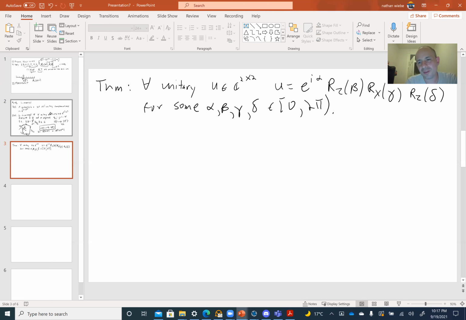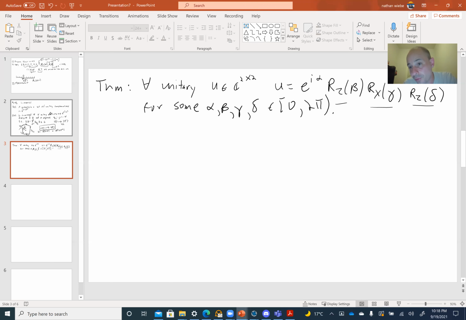What this basically says is that we can carry out a z rotation, an x rotation, and a z rotation.